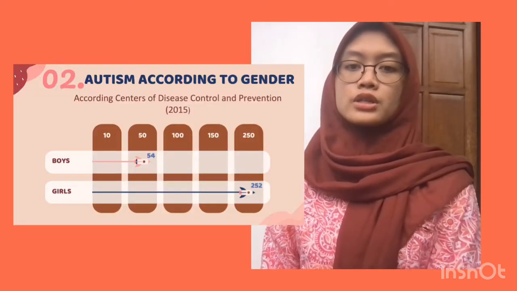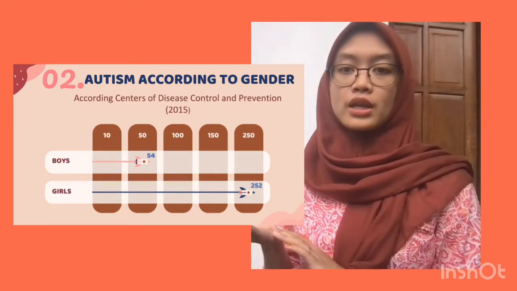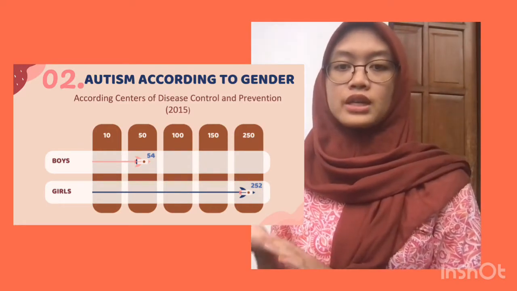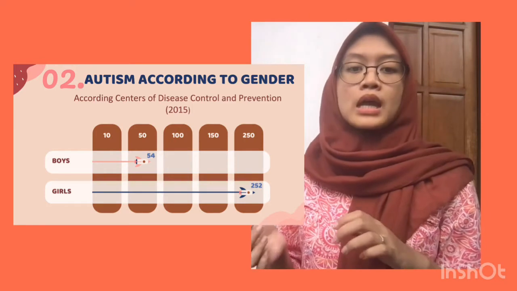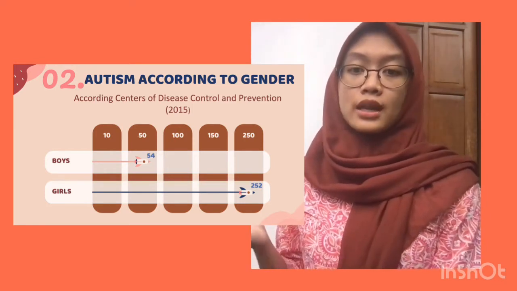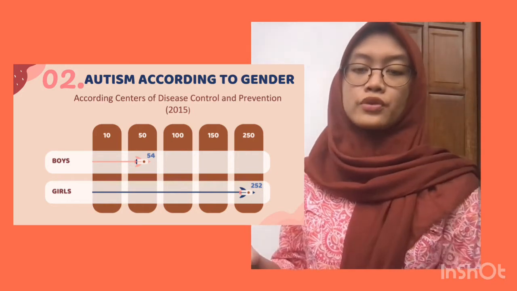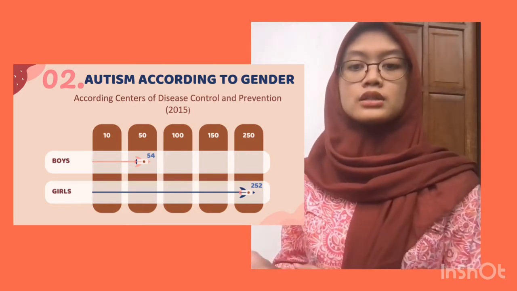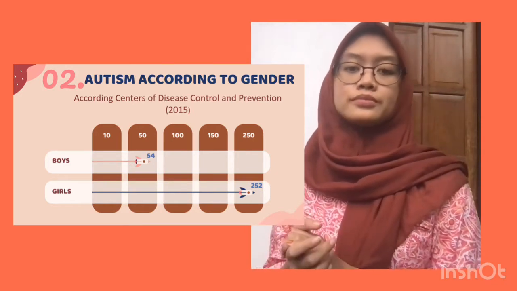Well, I've explained the definitions of both autism and Autplay Therapy. Therefore, we will continue to the statistics. ASD can occur in all racial, ethnic, and socio-economic groups. According to the Centers for Disease Control and Prevention in 2015, autism is 5 times more common among boys than girls. So 1 in 54 boys has autism, and in girls it's 1 in 252.